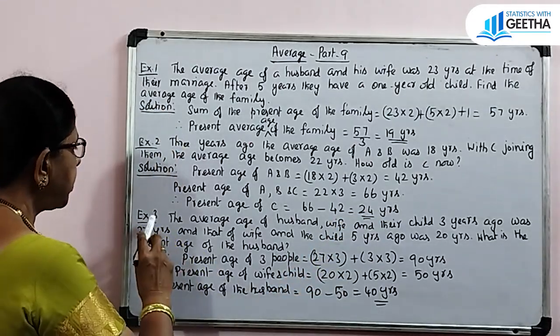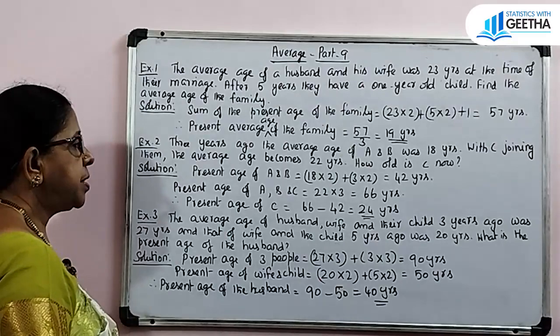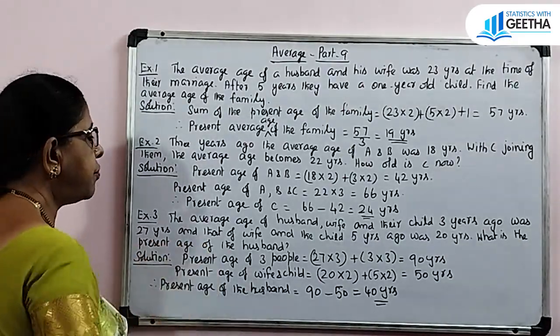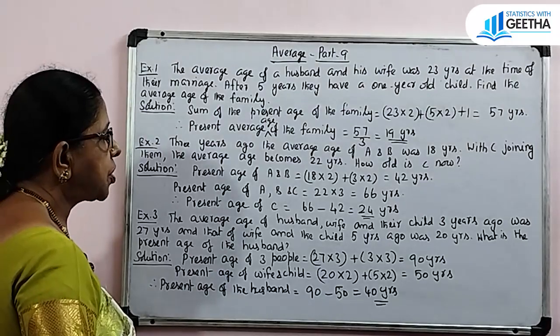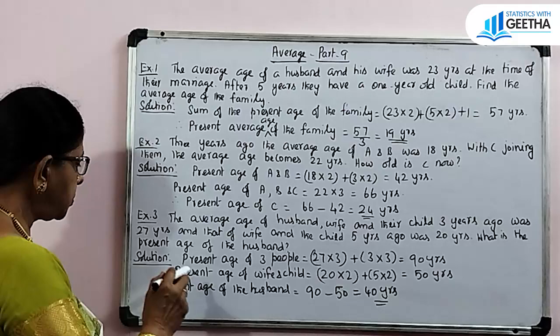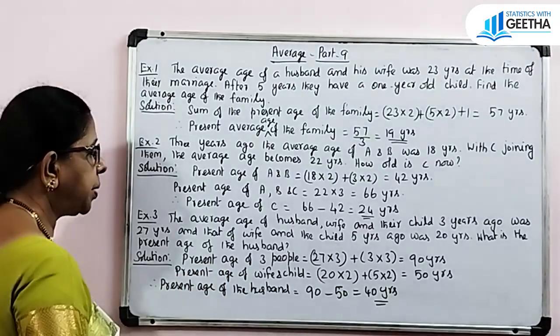Next, exercise number 3: the average age of husband, wife and their child 3 years ago was 27 years, and that of wife and child 5 years ago was 20 years. What is the present age of the husband? Solution: present age of 3 people.